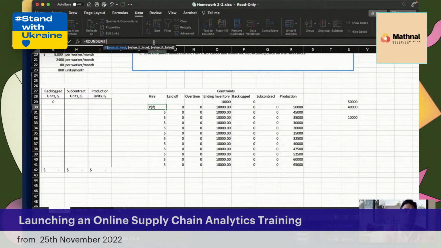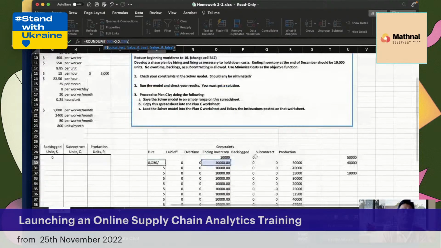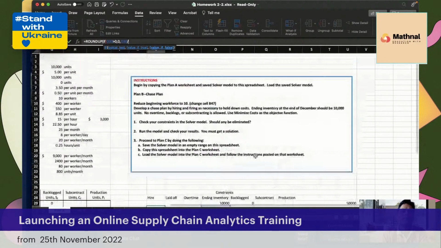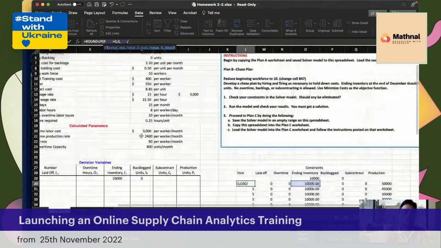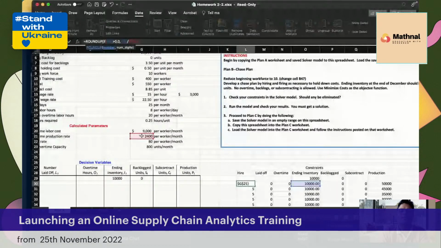If we have an additional inventory more than zero, then we don't need to hire anything. If we don't have additional inventory, then we need to hire, divided by 2400. That is this. So in this case, we don't.